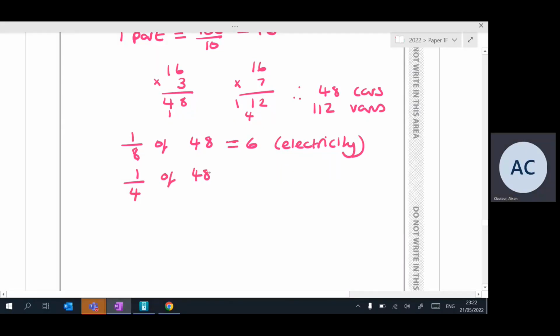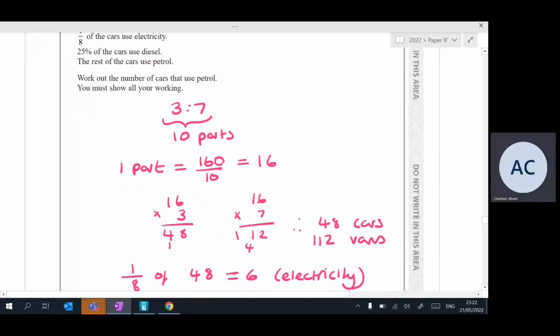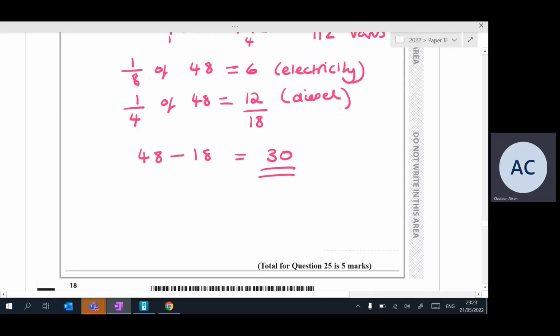It's easier in my head to work it out like that. So a quarter of 48, so divided by 4 gives me 12 using diesel. And then the rest of it use petrol. So I've got 48 cars. I'm taking away 18 that use electricity and diesel. So I'm left with 30 that use petrol.